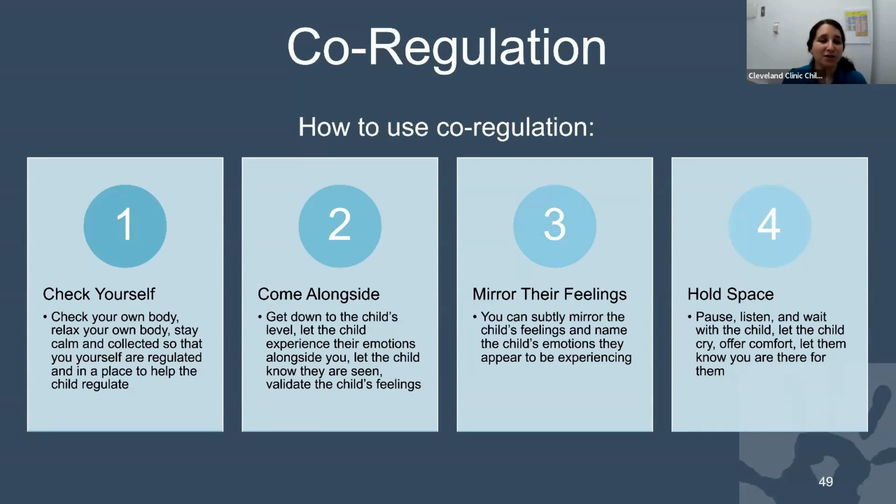And then hold space for them. Pause, listen, wait with the kiddo, let them cry instead of just being, oh, stop crying, or oh, it's okay, let's move on. Let them cry, but offer them comfort, let them know you're here for them, and model for yourself how to calm.